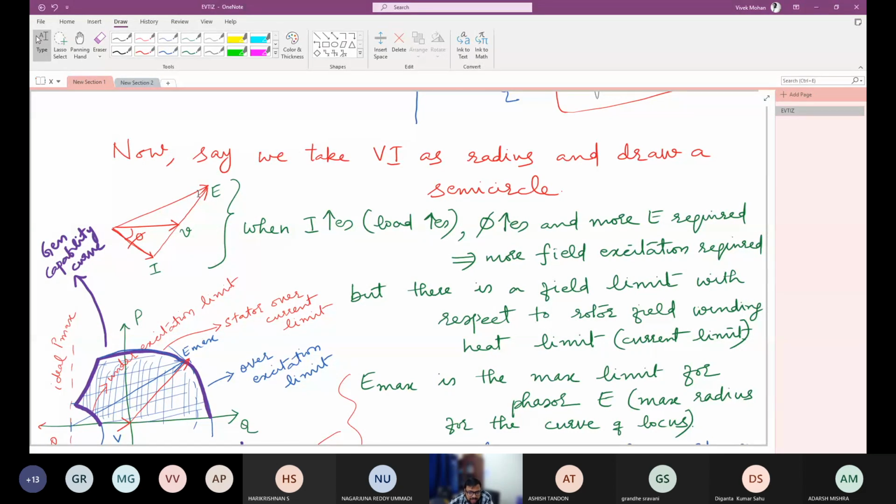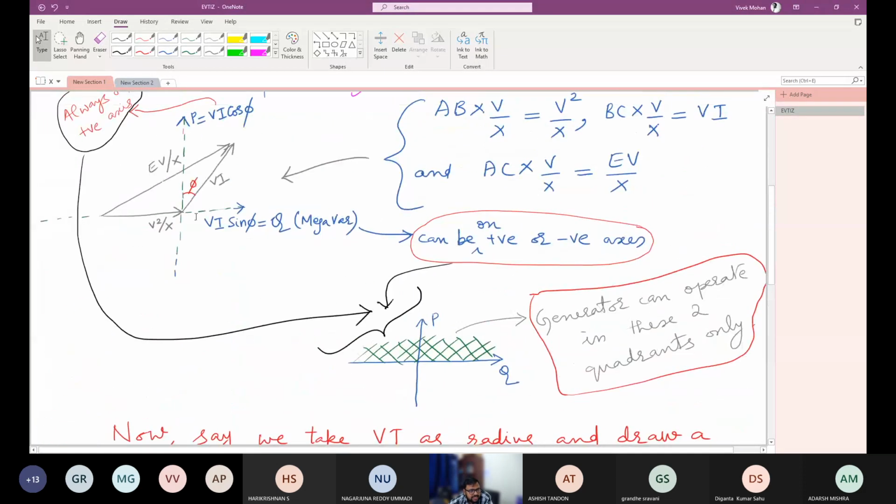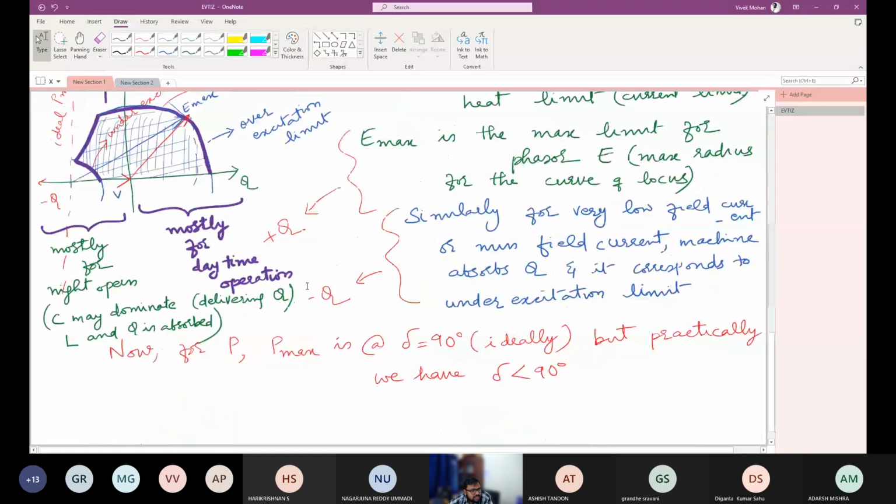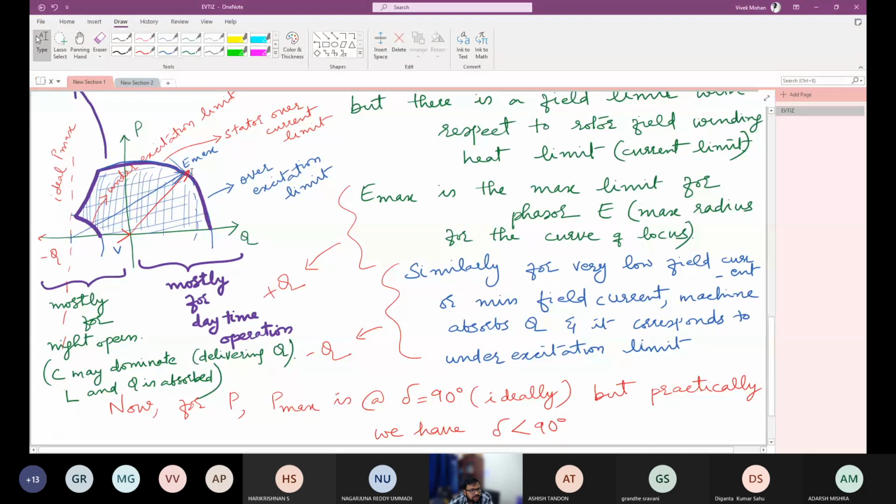But what is the field current limit, or what is the extent of field excitation increase that can happen from the rotor side? We have a field limit with respect to rotor field winding heat limit, right? So up to that point only we can increase the field excitation. So this locus will give you the overexcitation limit.